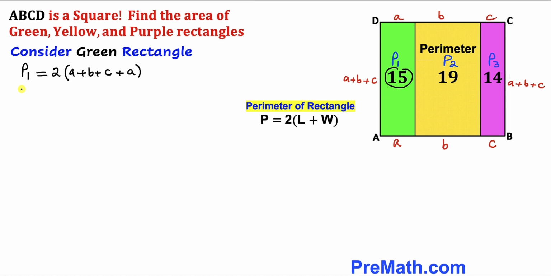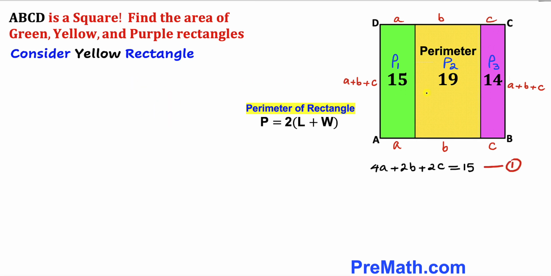Let me replace this with 15 equals 2 times, let's combine the like terms, that's going to give us (2A plus B plus C). Let's go ahead and distribute this. So that is going to give us 4A plus 2B plus 2C equals 15. Let me call this our equation number 1.